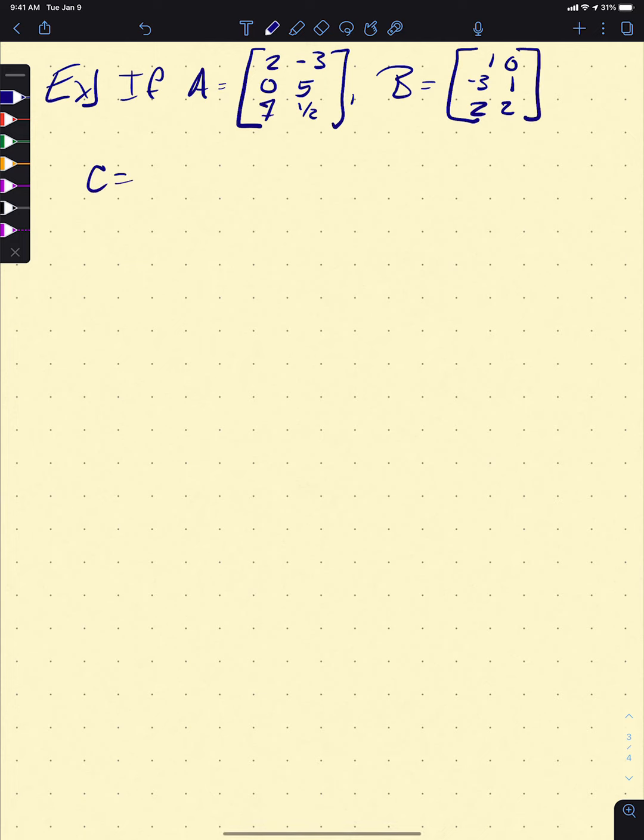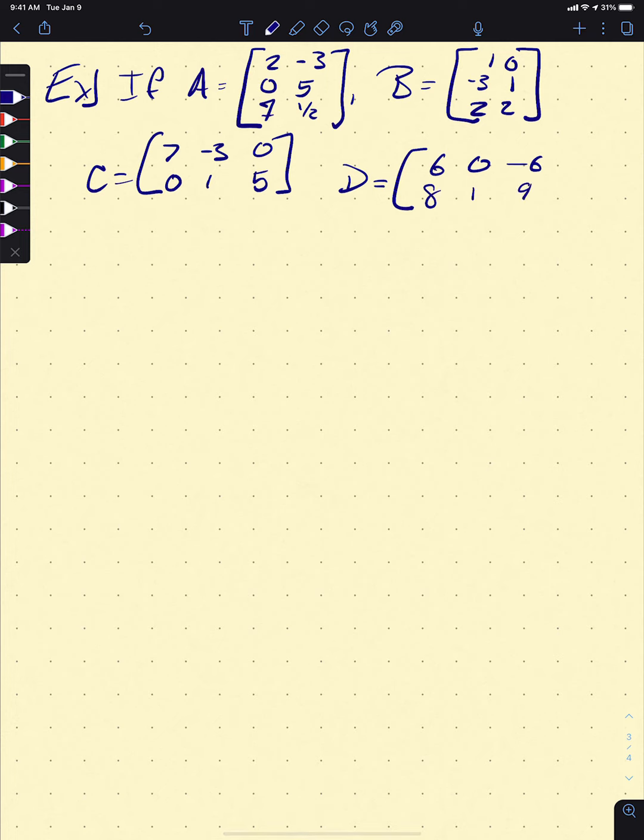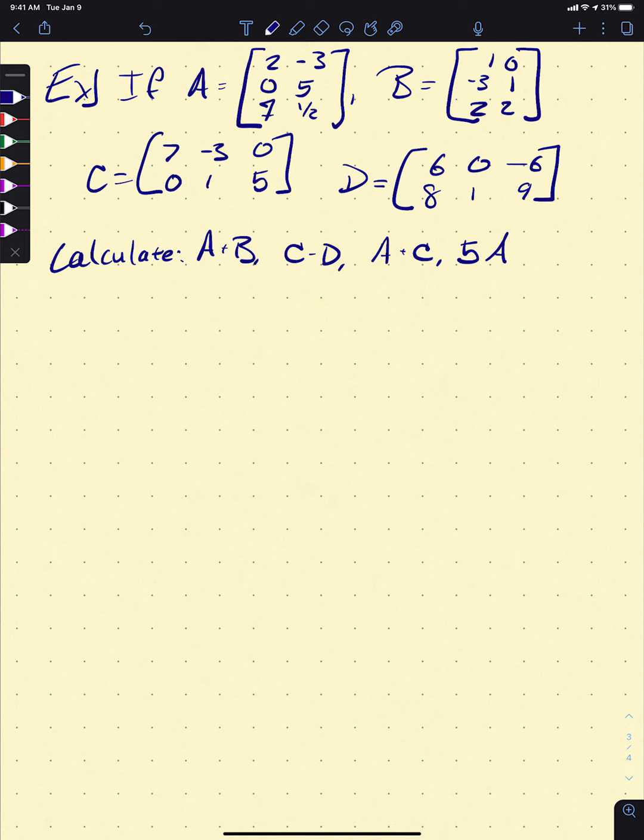We'll say C is 7, -3, 0, 0, 1, 5. And then finally D is 6, 0, -6, 8, 1, 9. Okay. And we want to calculate the following. We'll do A plus B, C minus D, A plus C, and 5 times A.